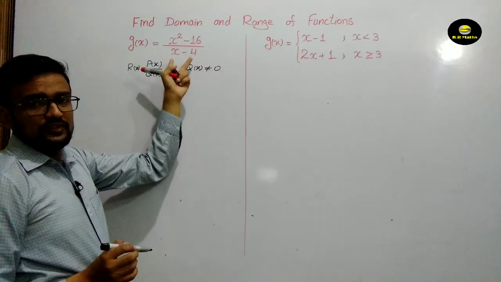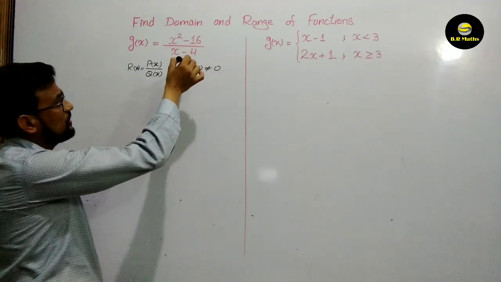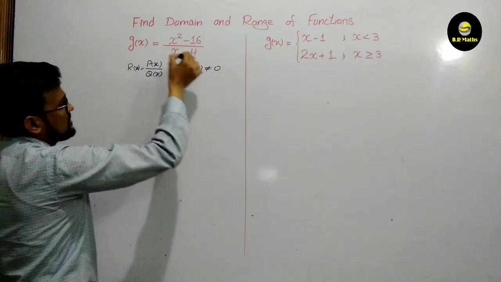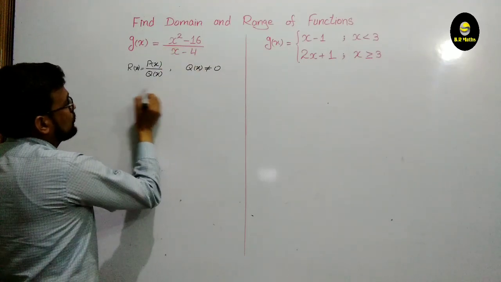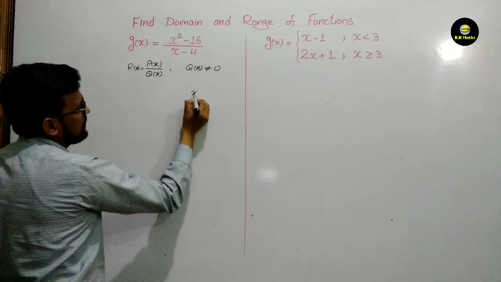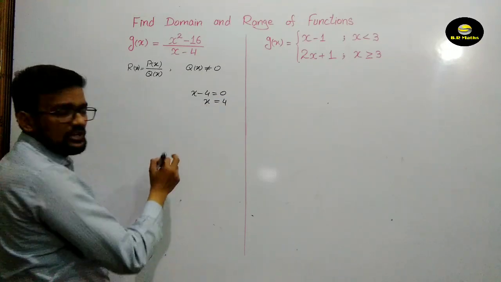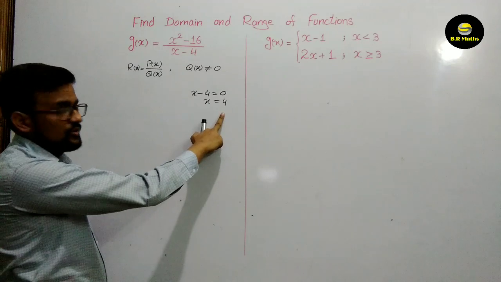In this question, x minus 4 is the denominator. So x minus 4 cannot be 0 in g of x, which means x cannot be equal to 4.